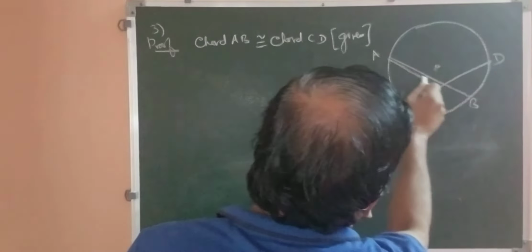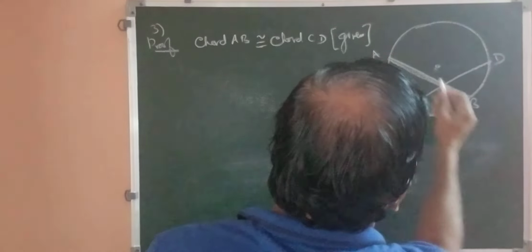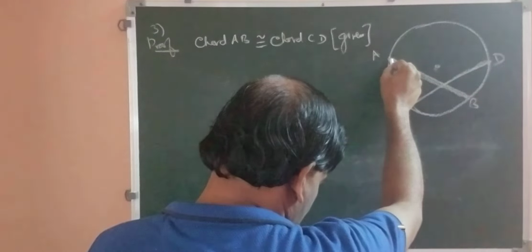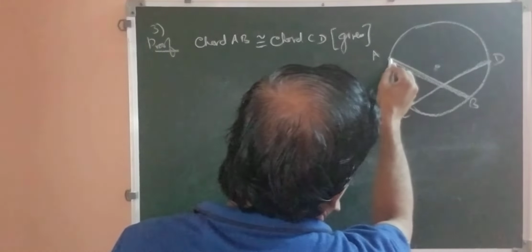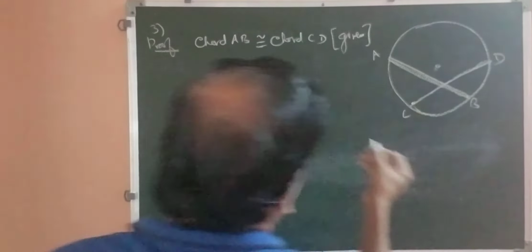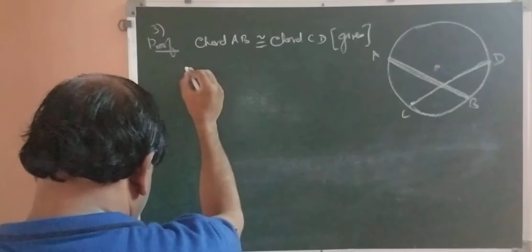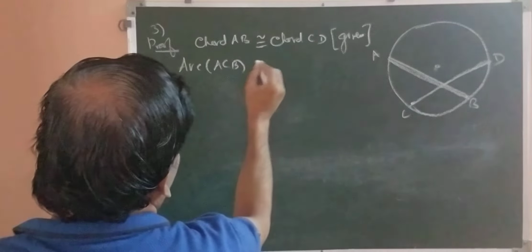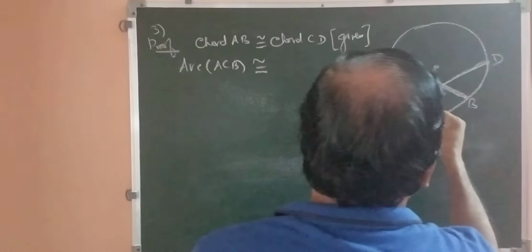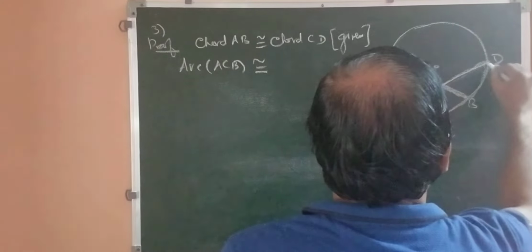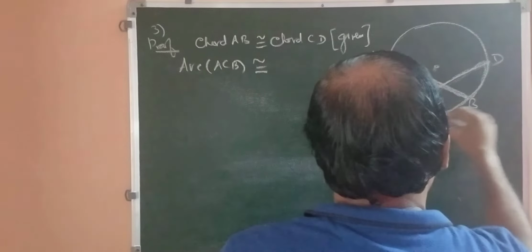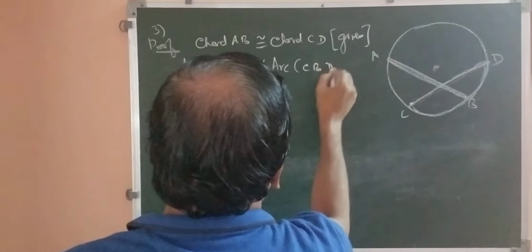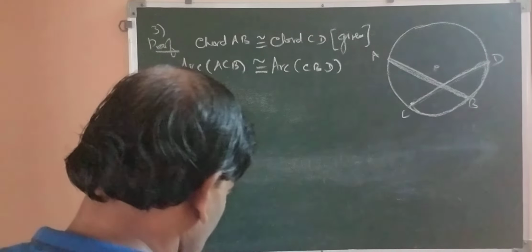Now this is one chord, this is another chord. So see, now listen very carefully, what is the arc corresponding to this chord? This one. Therefore, arc ACB is congruent to, what about this one? Arc of this chord, arc CBD, right?